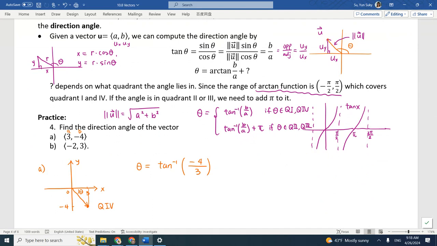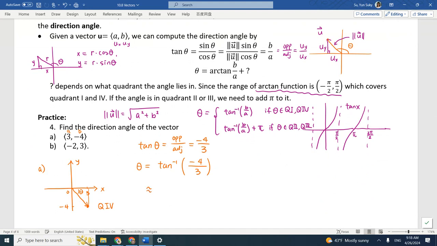Opposite is -4. Adjacent is 3. If you want to think slower, tangent is opposite over adjacent, and because we're in quadrant 4, theta is the arctangent of -4 over 3.